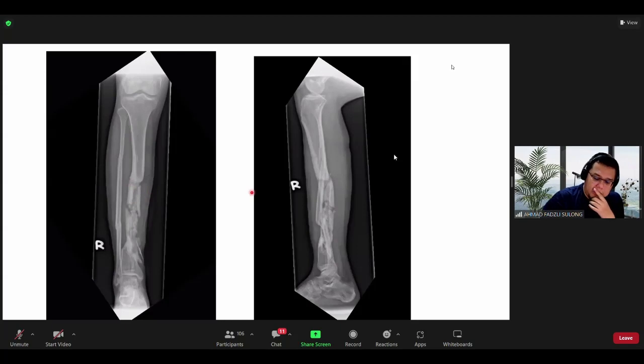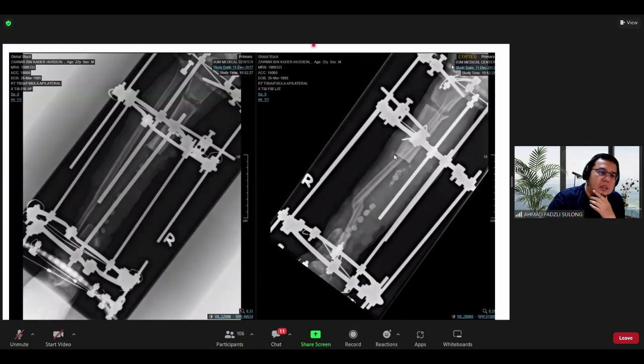Okay, so what we had to do is a debridement. A very big debridement. We had to remove almost, I think, 10 or 15 centimeters. And what you see here, the small beads, are your antibiotic impregnated beads. Then we put on an Elizarov as a form of stabilization.